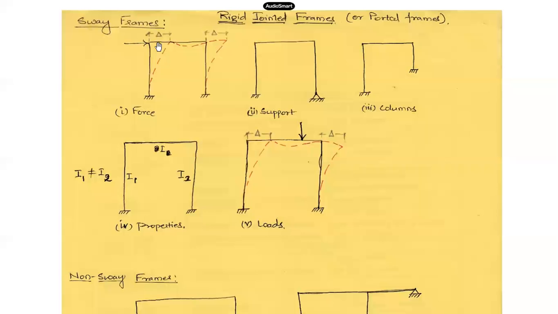Whatever members we come across in these frames or even in beams are all axially rigid. What I mean is there will not be any elastic deformation within the member. The member cannot undergo shortening or elongation when subjected to loading. If the member length is 3 meters, it will always remain 3 meters throughout the loading.